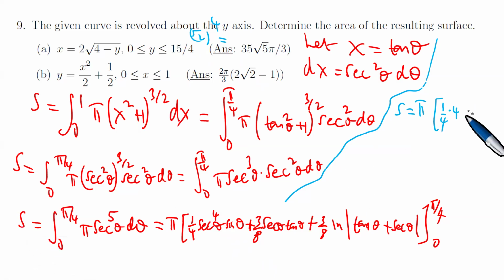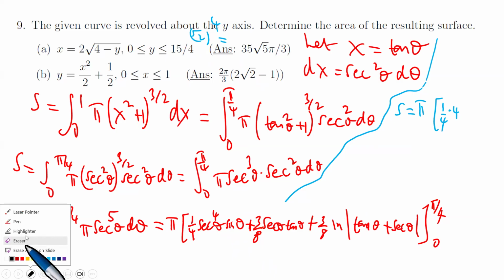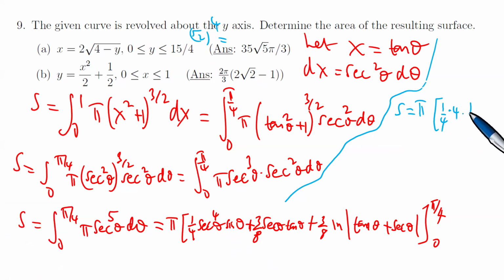We're just substituting. So it's 1 over the square root of 2 from the special triangles from school. And then plus 3 over 8, then here you have the secant of pi over 4, which is the square root of 2, because it's 1 over cosine of pi over 4.